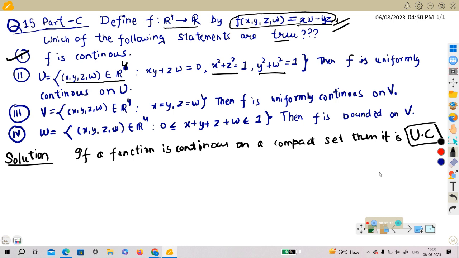Okay, so to use that, we need to show that U is compact. We will show that U is a compact set.